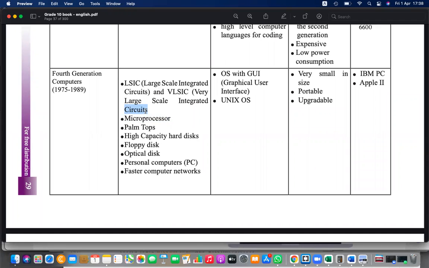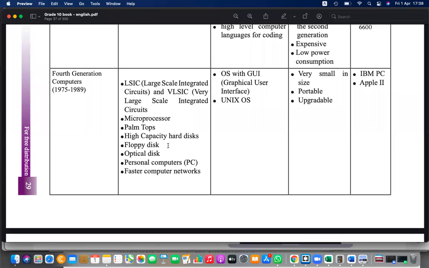Very large scale integration and large scale integration. And floppy disks, optical disks, and pen drives came in this generation.